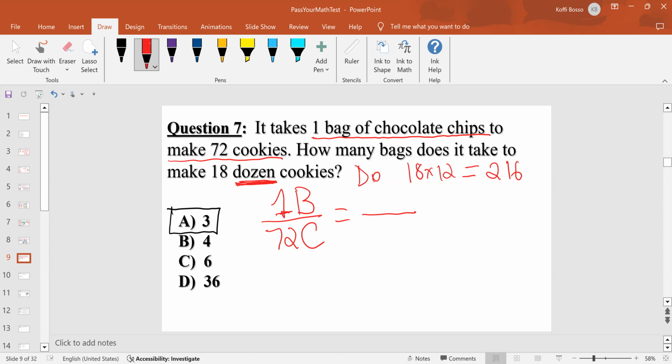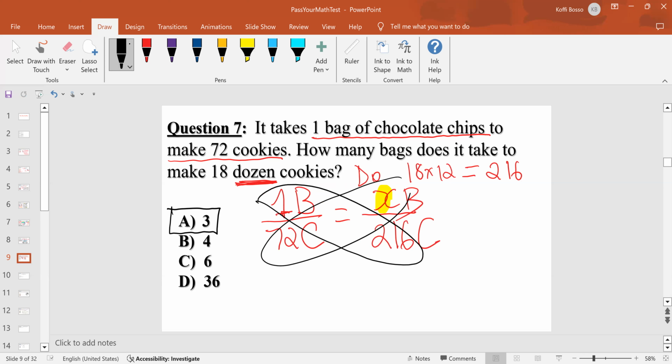So I don't know yet the number of bags. I will call it X. So X bags to make what? 216. It's not to make 18 cookies, but to make 216 cookies. And I want to solve for this X. So what I will do is to cross multiply.